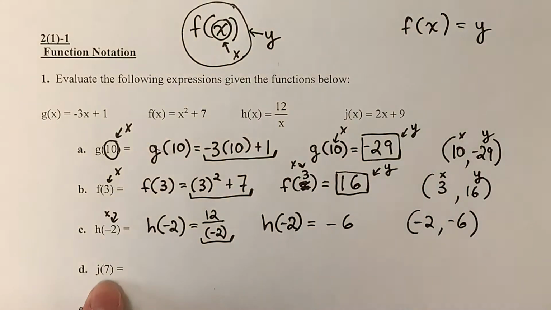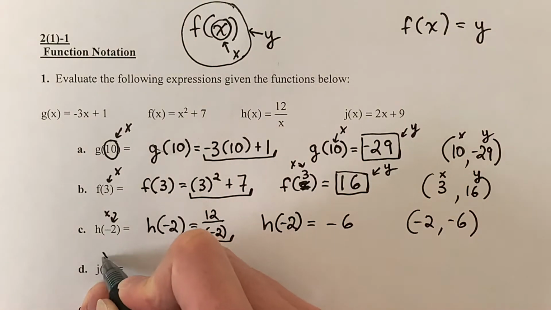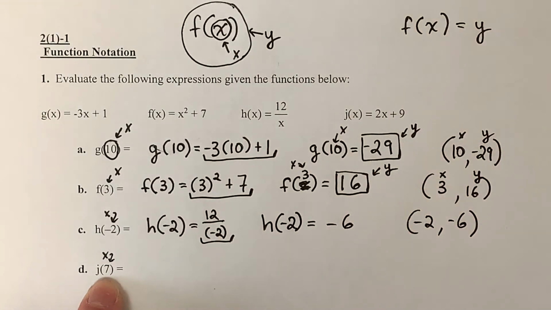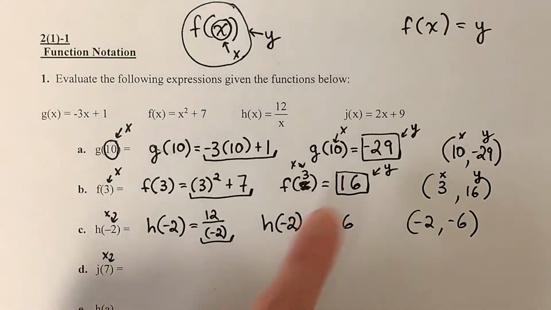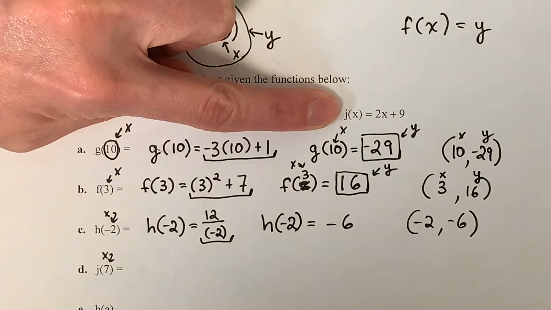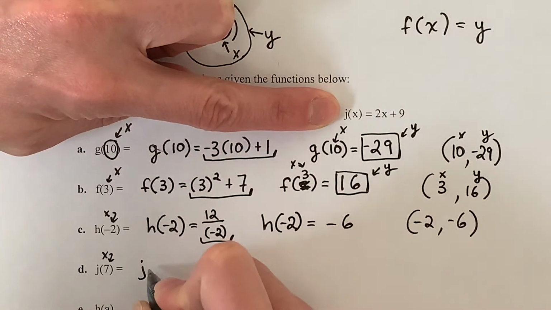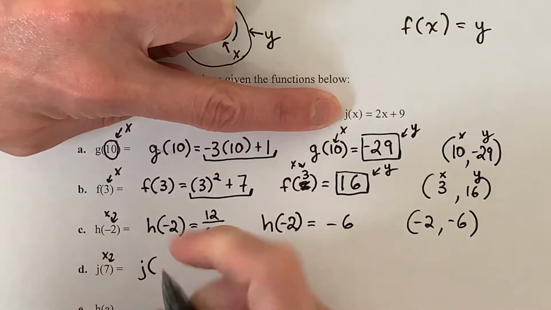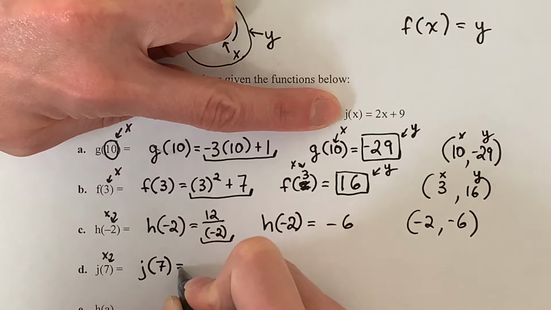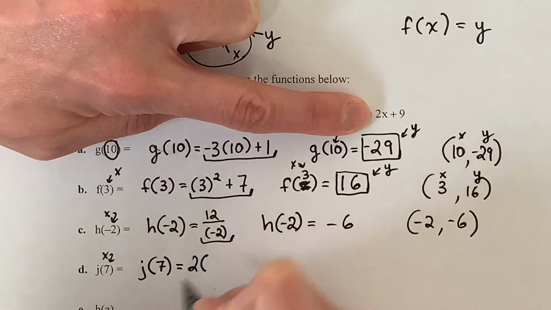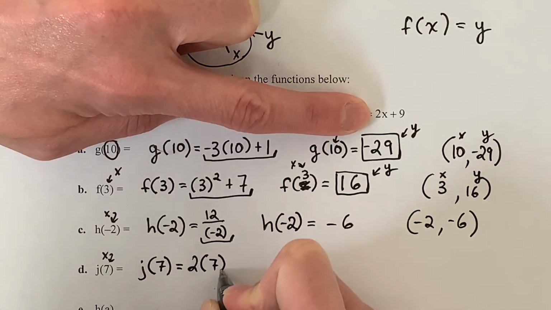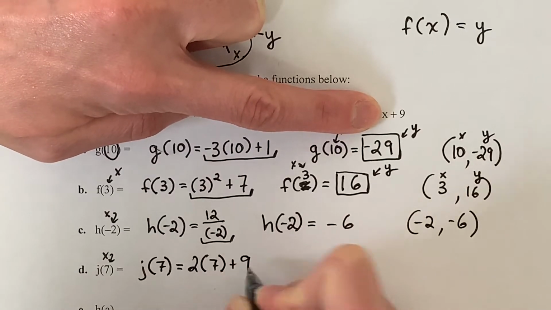Last one. 7 is inside the parentheses, so that is x. So this is j. I will be using this equation here. So j of 7 equals 2 times 7 plus 9.